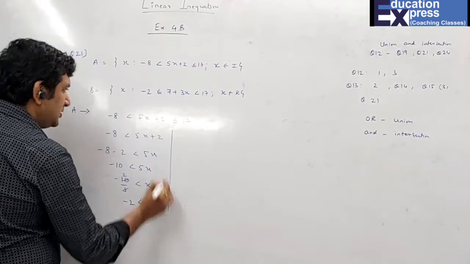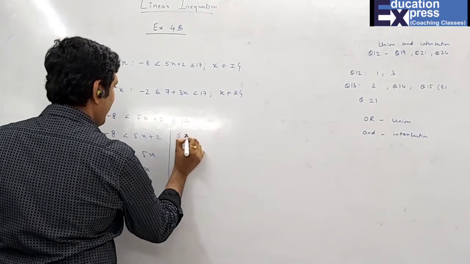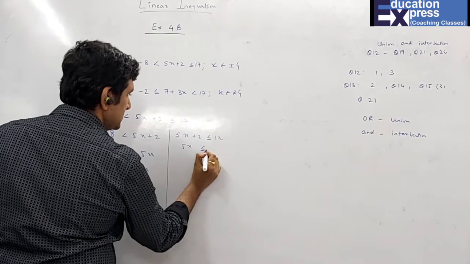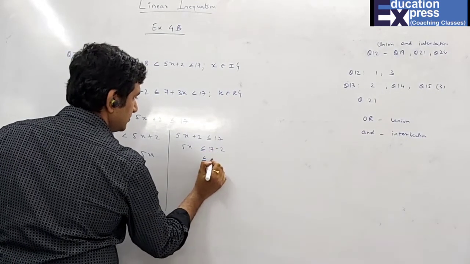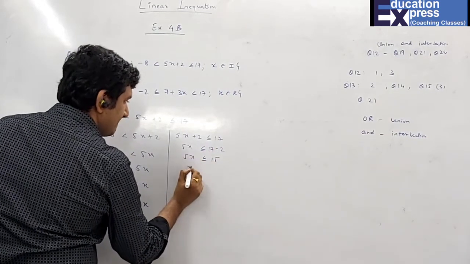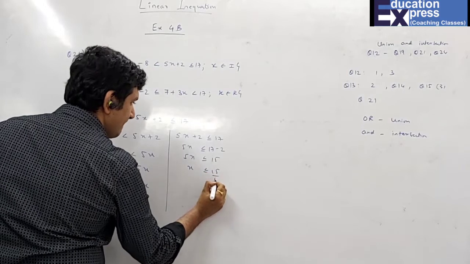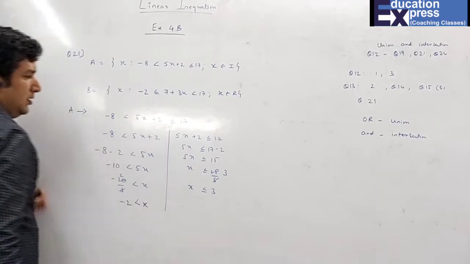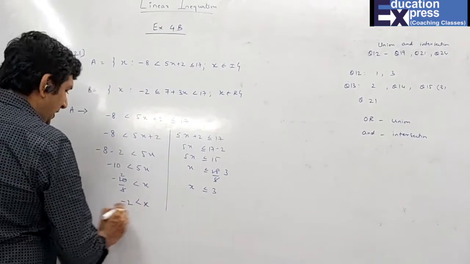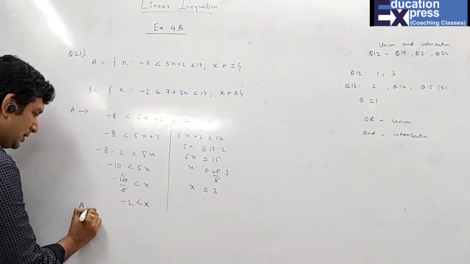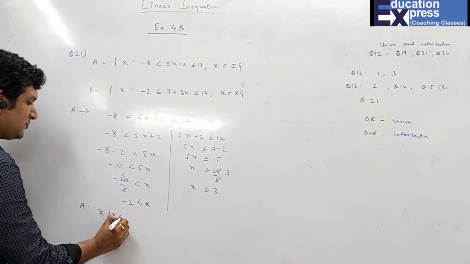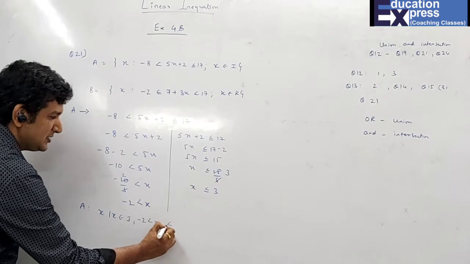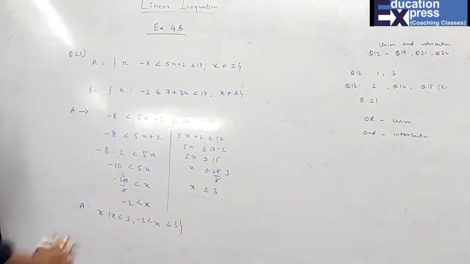And for this part, x is less than or equal to 3. So if I combine for A, I'll get x such that x belongs to integers and x is more than -2 and less than or equal to 3. So for the A part it is done.